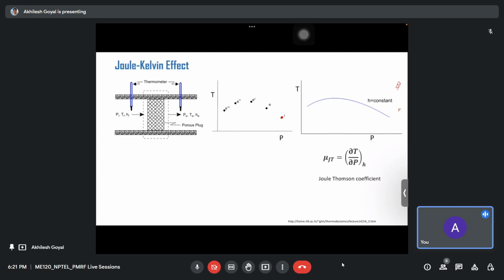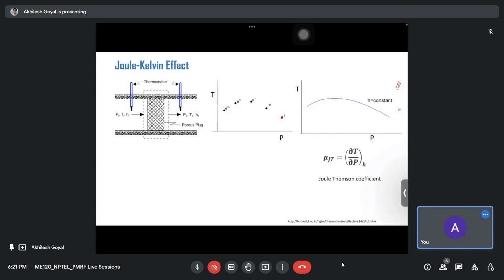From this constant enthalpy curve between T and P in the third figure, you can see the behavior when we expand the gas, and the slope of this curve is called the Joule-Thomson coefficient, mu JT, defined as del T by del P at constant enthalpy. So the Joule-Thomson coefficient is the slope of this curve.